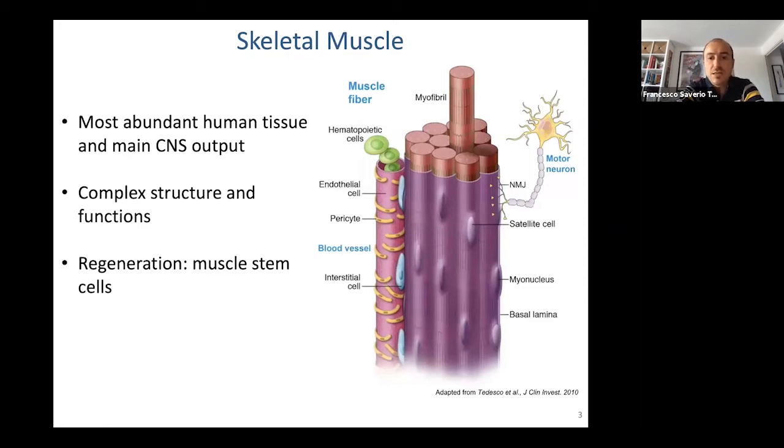As you can see in this cartoon, muscle fibers live in a very complex environment surrounded by blood vessels, by motor neurons, and by these little cells underneath this layer of connective tissue, this basal lamina, called the epimysium, the endomysium of the muscle fiber. These little cells live underneath, called satellite cells, and they're the key muscle stem cell population sustaining the regeneration of skeletal muscle.